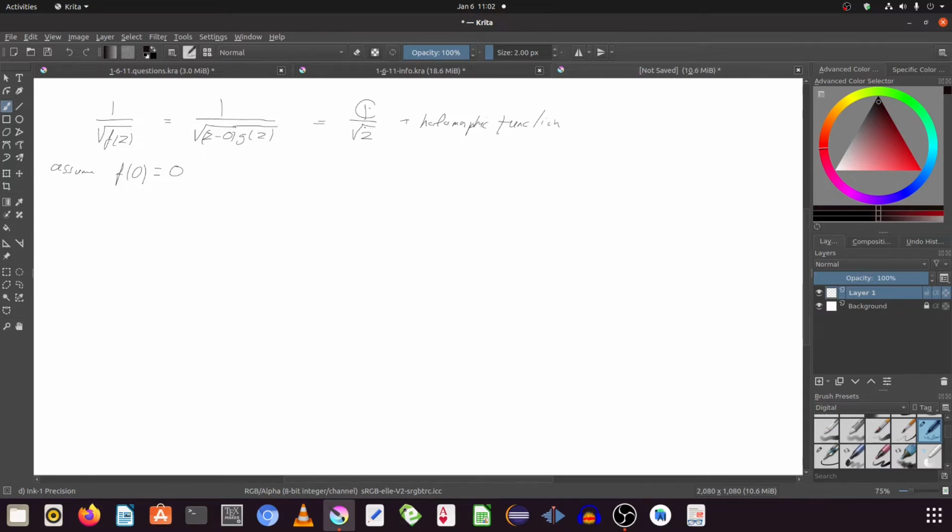So I claim, I hope, we should be able to choose the constant c so that the path integral of this function will vanish. So it's just a question of determining c and then be lucky.